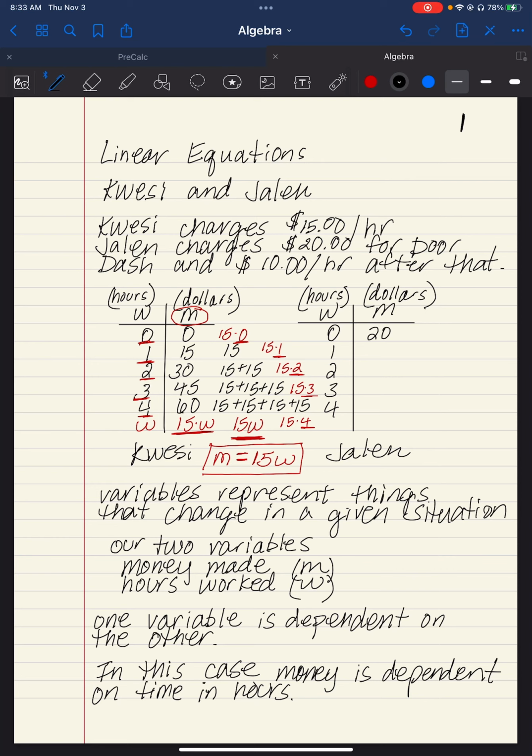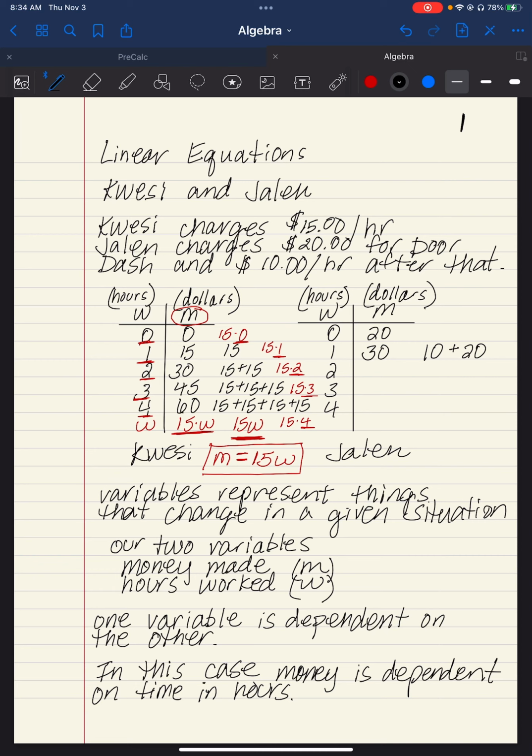Well, if he works 1 hour, right, he makes how much per hour? He makes $10 per hour plus that extra 20. You got to keep track because we're saying if he only works for an hour, how much does he walk away with? Well, he'll walk away with $30. But how did I get that? Well, we said the $10 that he makes in that hour plus the $20 that he gets at the beginning.